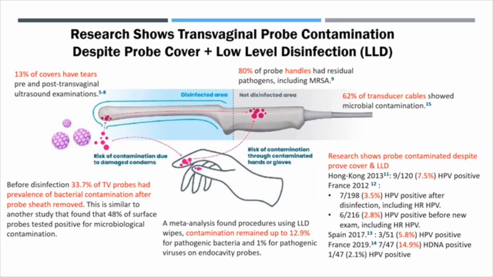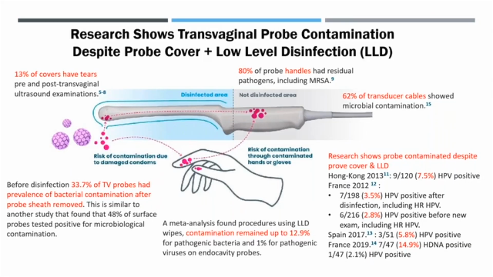And again, this can be through a damaged sheath or by contamination as the sheath is being removed. 80% of probe handles have residual pathogens, such as MRSA, and even further proximal, 62% of transducer cables showed microbial contamination.